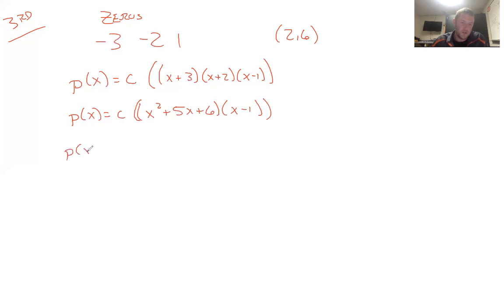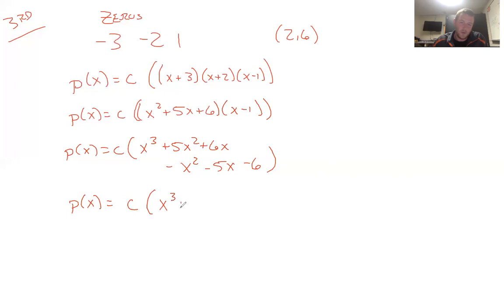P of x is equal to c times x cubed plus 5x squared plus 6x minus x squared, because I'm multiplying -1 times x squared, minus 5x minus 6. So P of x is equal to c times x cubed plus 4x squared plus x minus 6.